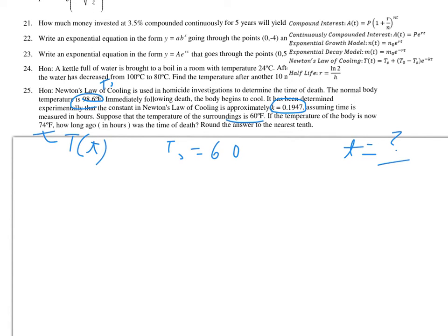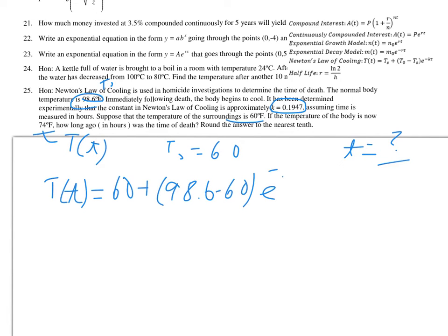So I know here we can set it up as T of t equals, let's see, temperature of the surroundings is 60, plus 98.6 minus 60 times e to the negative 0.1947t. And so now we're plugging in 74, to figure out how long ago that was. So I'm just going to subtract the 60 over.